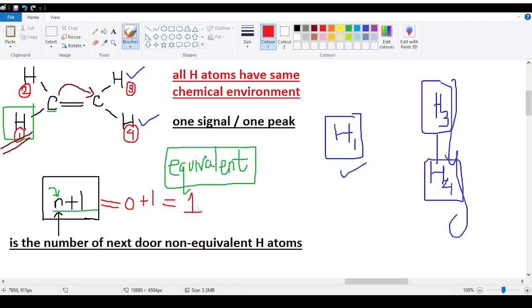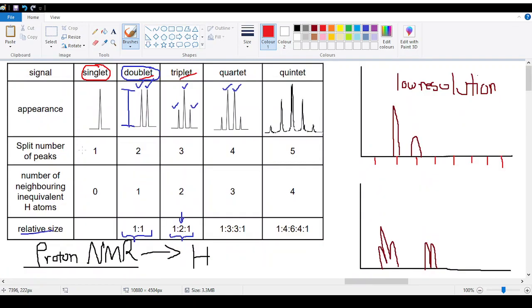Since the value of n plus 1 is 1, you will say that the number of splitting peaks will be 1, which is respective to what pattern? Singlet.